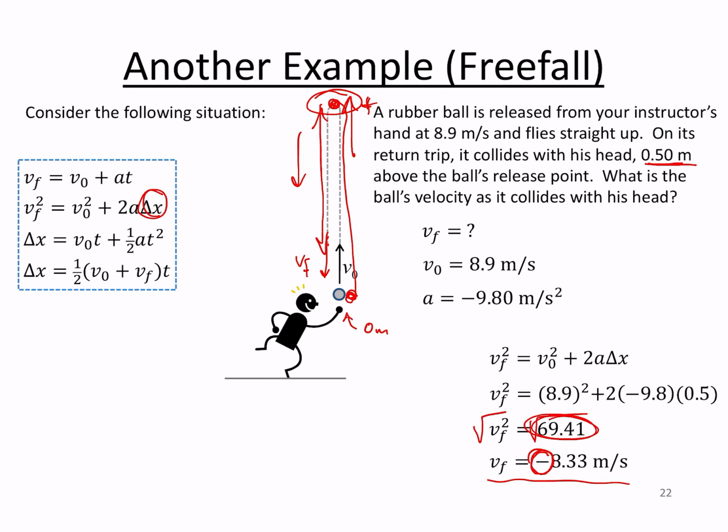So my hand was half a meter below the top of my head whenever I released it, okay? And its final position will be right there, whacking me in the forehead or something like that, okay? So yes, you can do that. You can do two problems and figure out what's going on the way up, and you can figure out what's going on the way down, but you don't need to, as long as the acceleration or other parameters of the problem have not changed. All right, so keep that in mind.